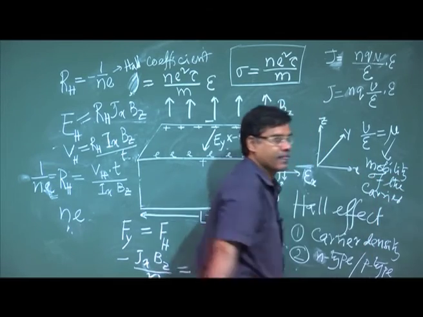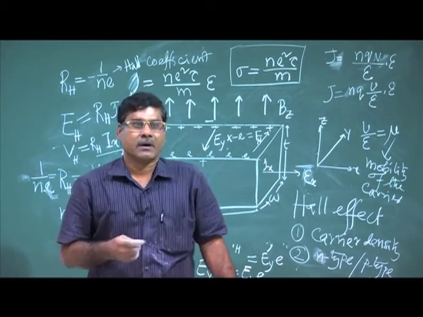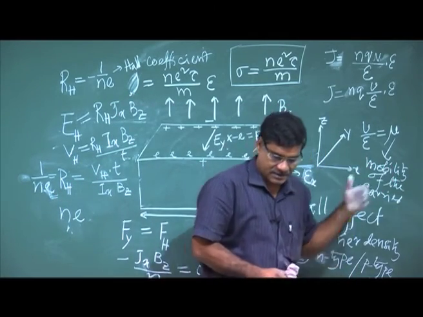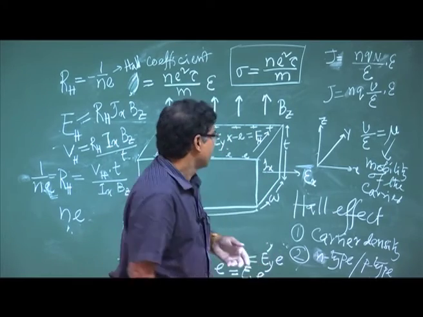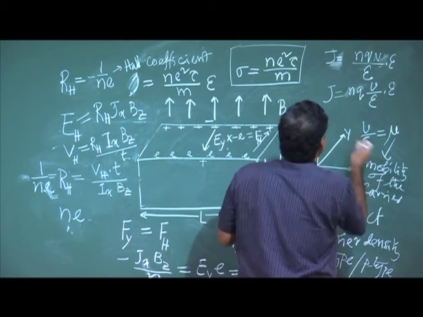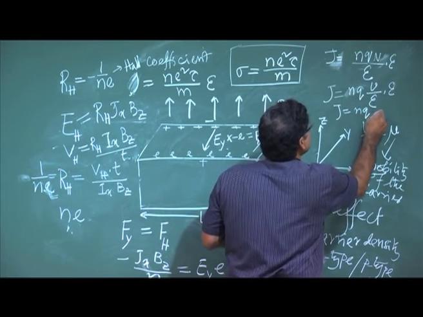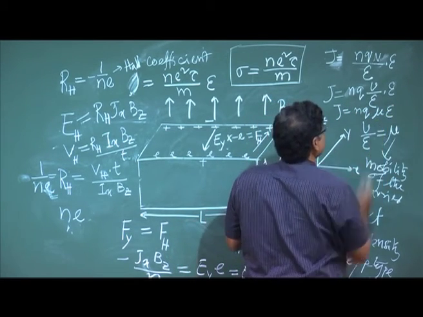That is a very important concept or parameter for studying the conductivity. So, here I can write J equal to NQ mu, and then you see, right.